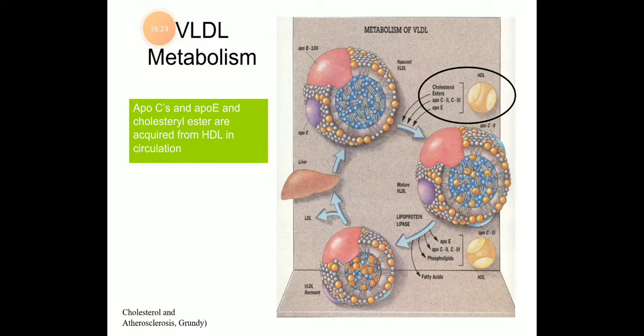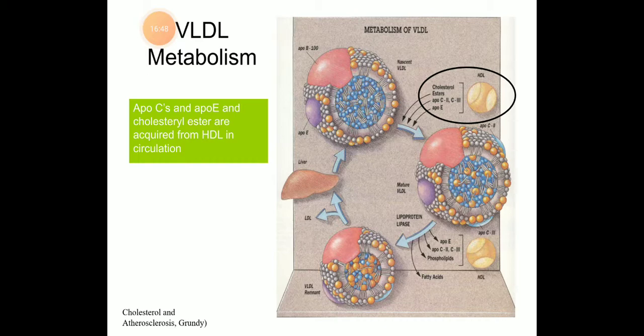In the process of hydrolysis, VLDL is depleted of triglycerides with the formation of VLDL remnants, and these are IDL, that is called intermediate density lipoproteins. Some of the VLDL undergo endocytosis directly by the liver, and remainder is converted to LDL. So part of VLDL is converted to LDL.